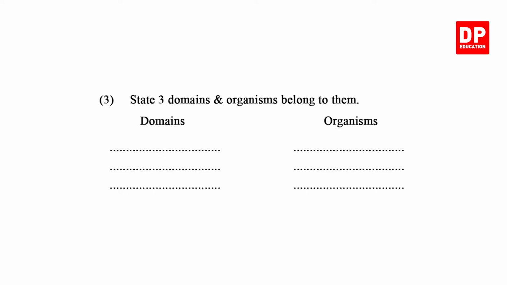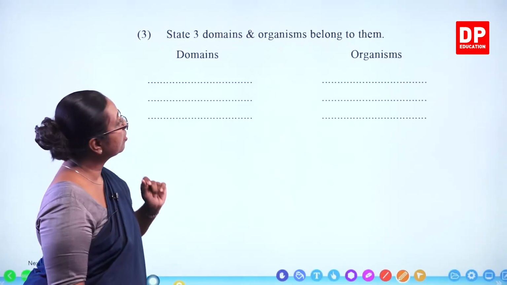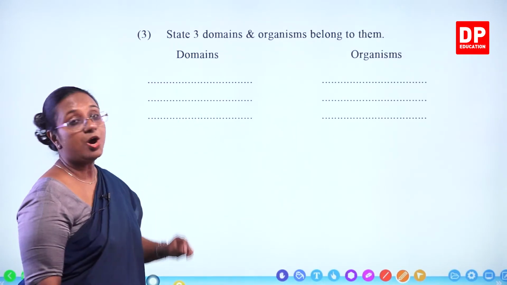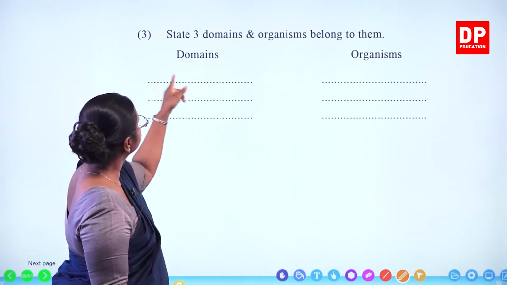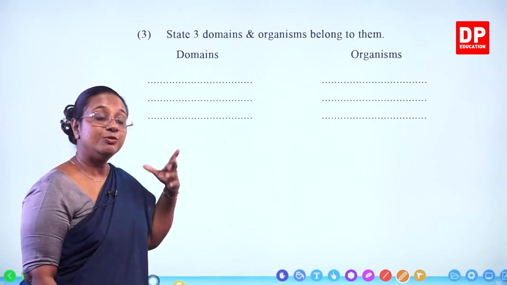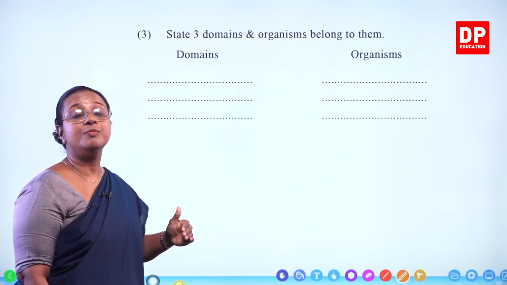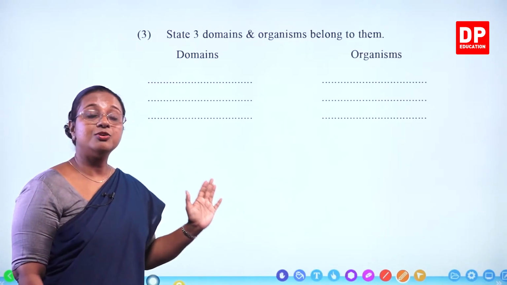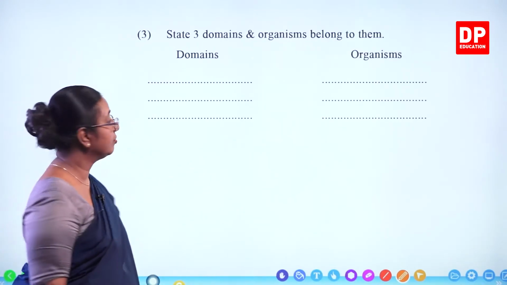Question number 3. State 3 domains and organisms that belong to them. They have given you the domains and organisms. So since the label is given as domain, you can either just write the name of the domain or you can again rewrite it as domain Archaea, domain Bacteria and domain Eukarya.